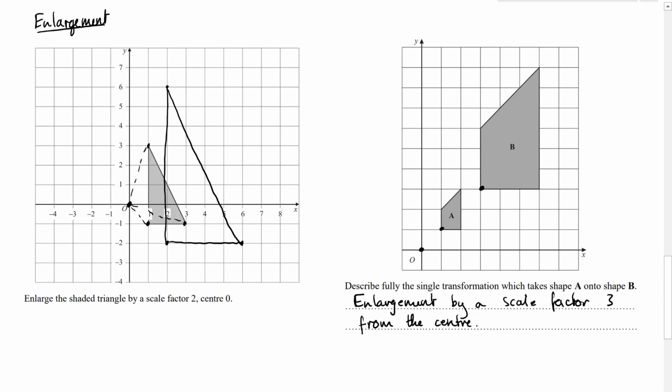Now, this is quite a nice one because we only have to go through 1 square to get to A, whereas we have to go through 3 squares to get to B, and so the center is (0, 0), or the origin. Okay, so that is 2 questions on each of these transformations. Hopefully this helps, and thank you for watching.